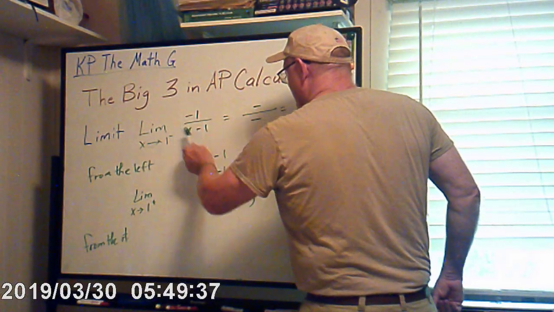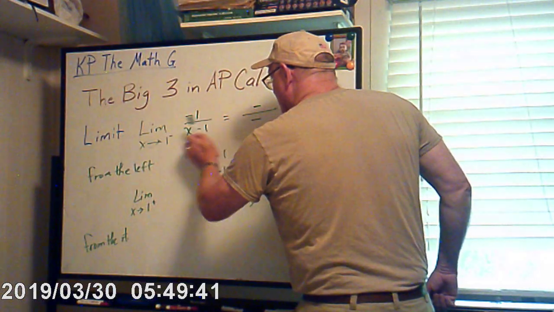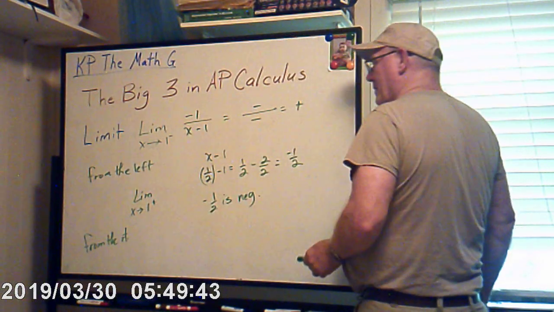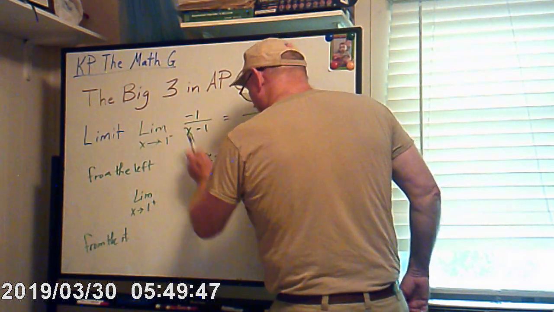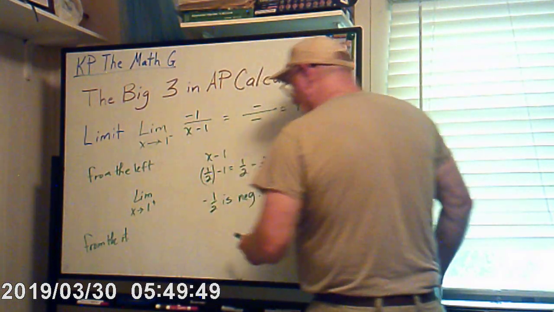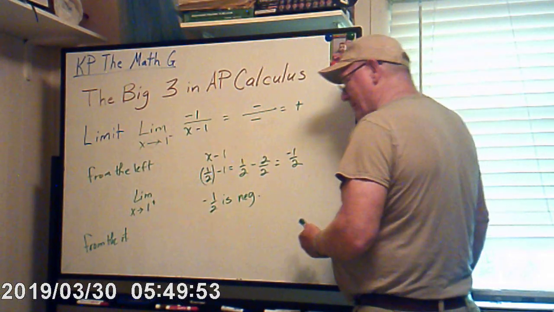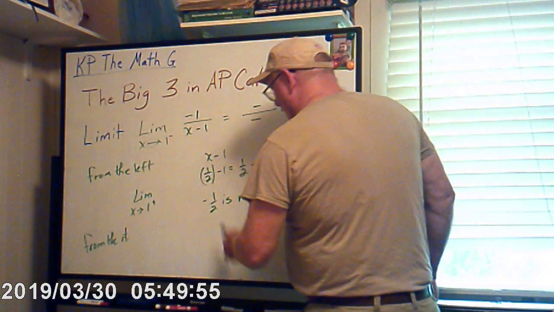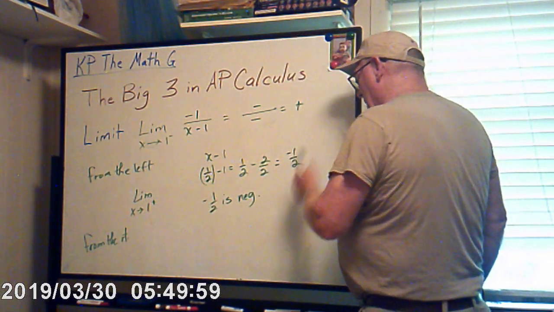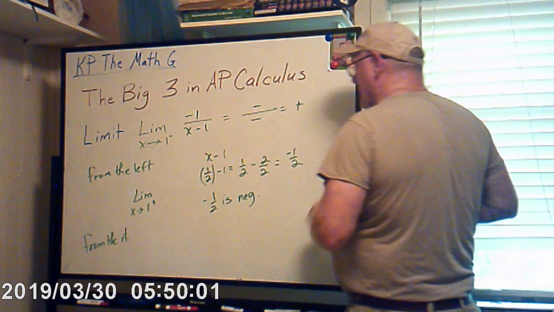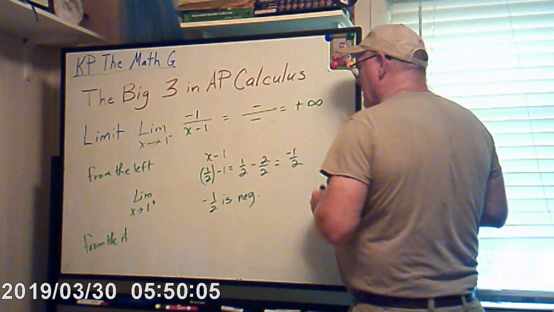Numerator's negative. This one right here, you plug in a number to the left of 1, whatever a is, x minus 1. And I always like to pick a half. You could have picked a 4th or anything like that. Don't go too far over. Just get real close to 1. Alright, and so negative over negative is positive. So in this case, we're going to say positive infinity.